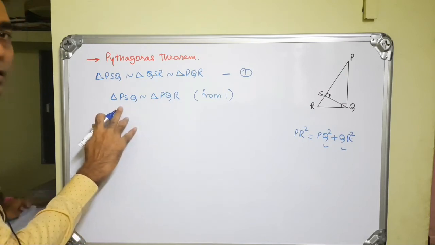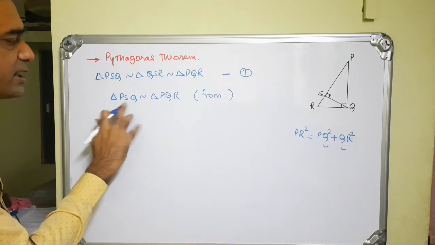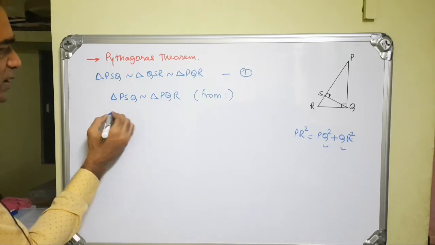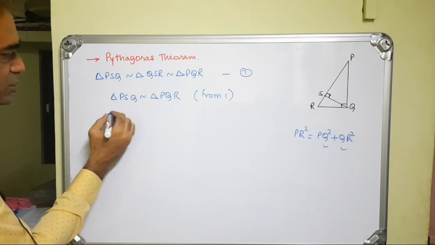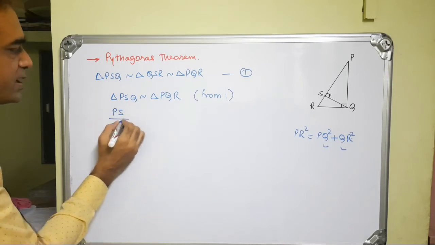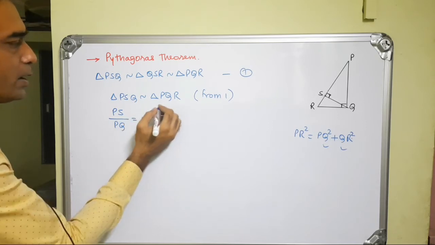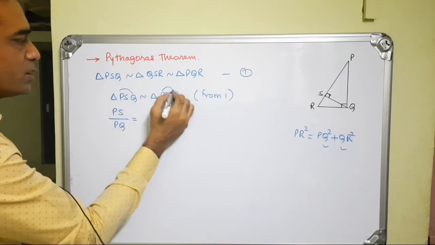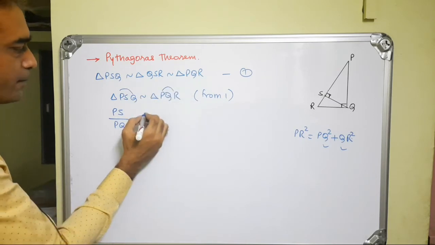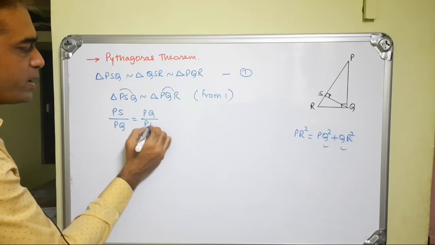So we will take the corresponding sides. First we will write PQ and its corresponding side is PS. So we write PS upon PQ equals, here it is PQ, so its corresponding side will be PR. So PQ upon PR.